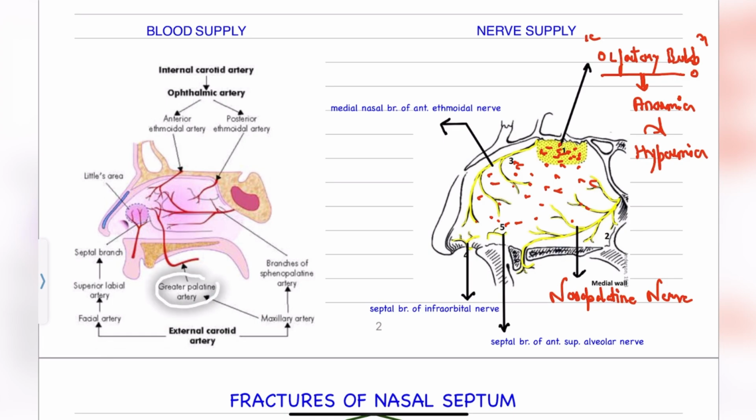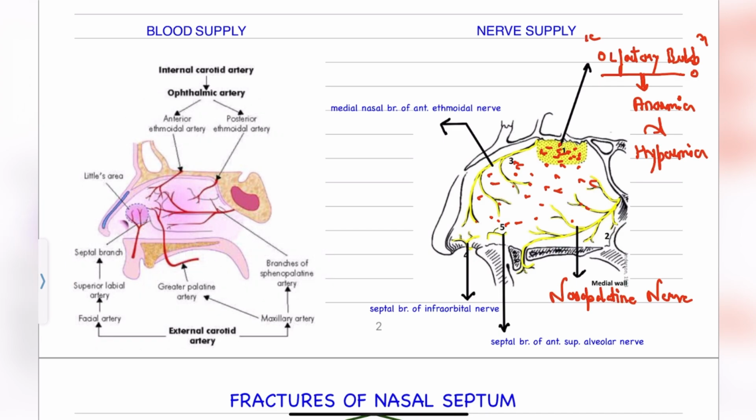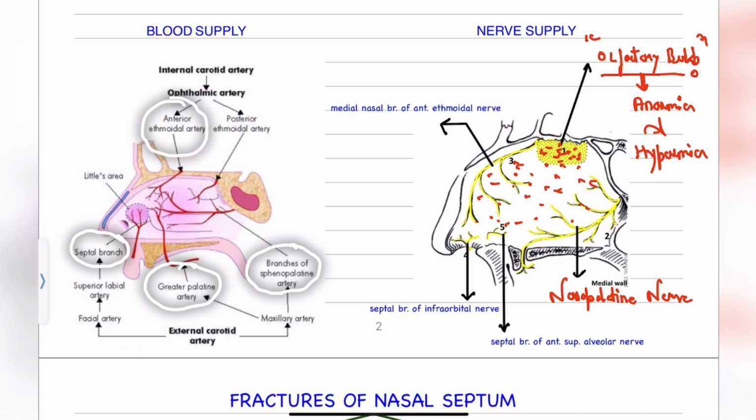greater palatine artery of the maxillary artery, branches of sphenopalatine artery and anterior ethmoidal artery all together supply the nasal septum, out of which there is formation of a small area known as Little's area. So Little's area blood supply is composed of septal branch of superior labial artery, greater palatine artery, branches of sphenopalatine artery and anterior ethmoidal artery.